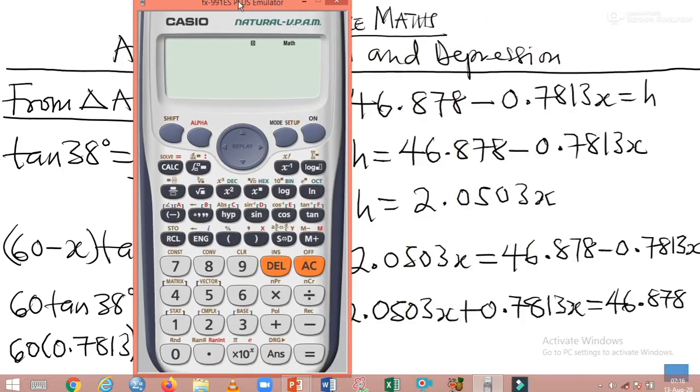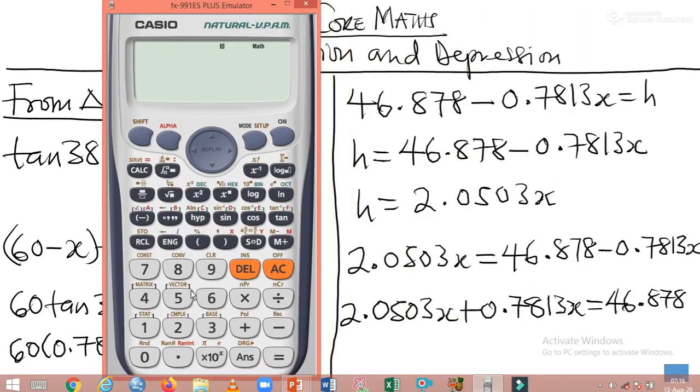Good. So now we have 2.0503 plus 0.7813.